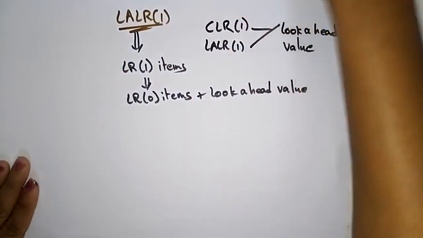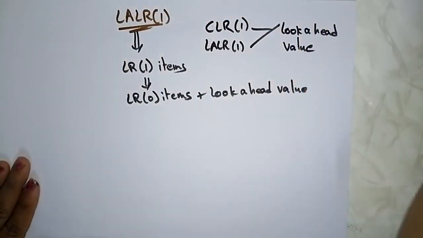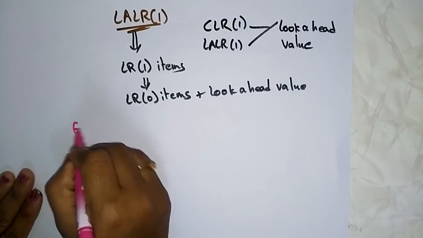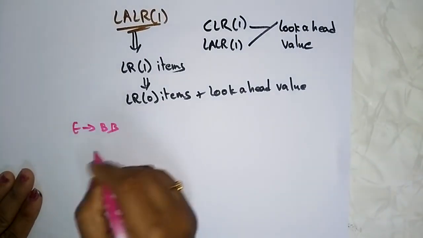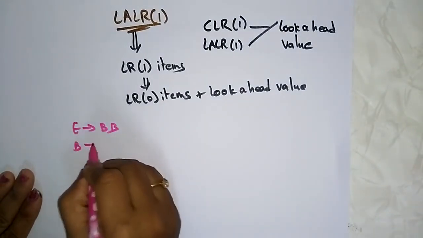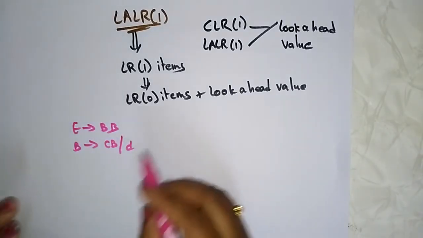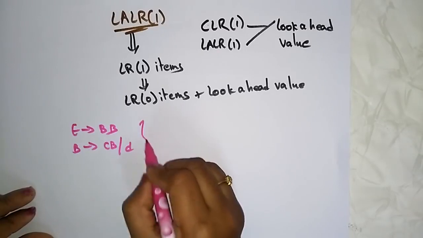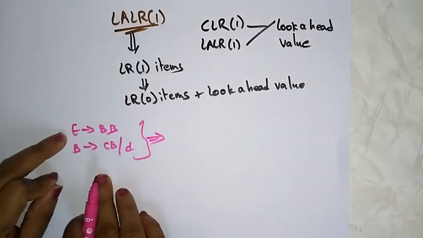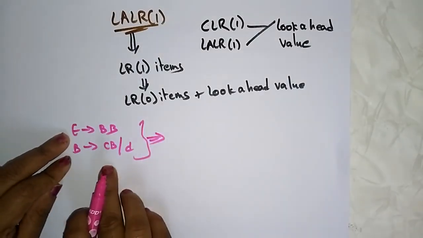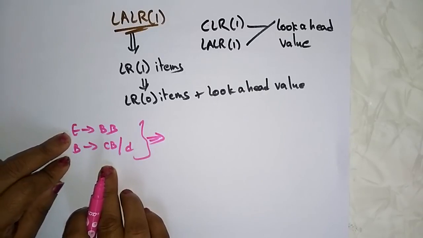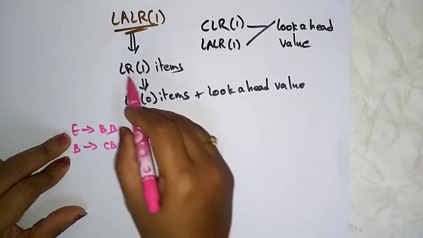Whatever grammar you have taken for CLR, that is E determines BB and B determines CB/D. You have to make this an augmented grammar, and add the look ahead value to get LR1 items.